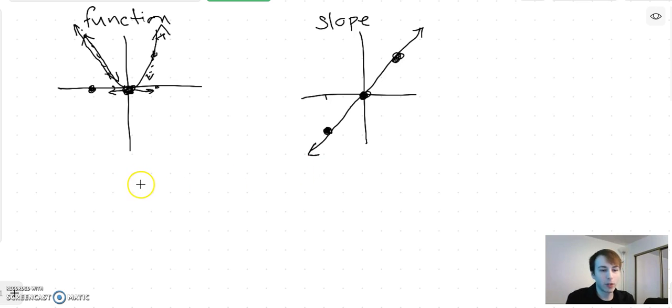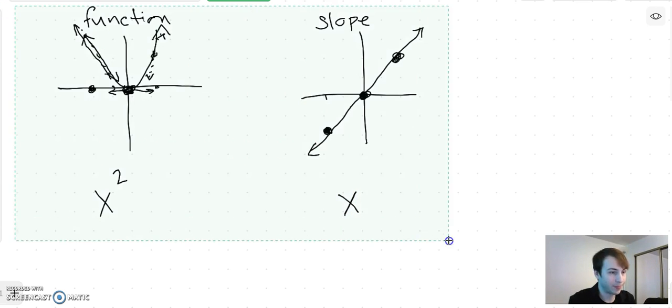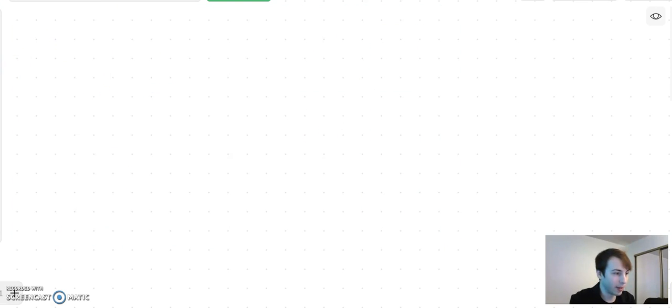So the general finding with polynomials is that if you've got a polynomial of degree x squared, say, then the slope of that polynomial is itself represented by a polynomial of one less degree, so in this case degree x. Just to convince you of this, let's do another example.